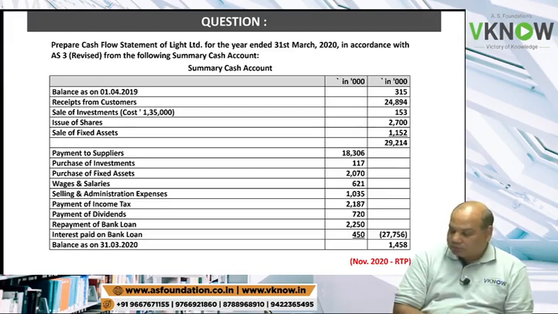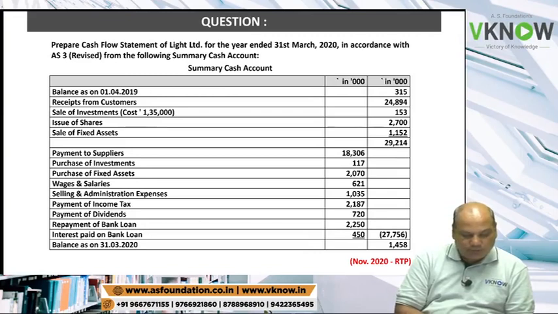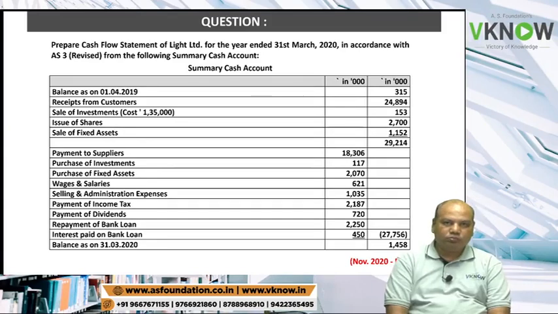In the second column write 315. Then write down receipt from customer 24894.